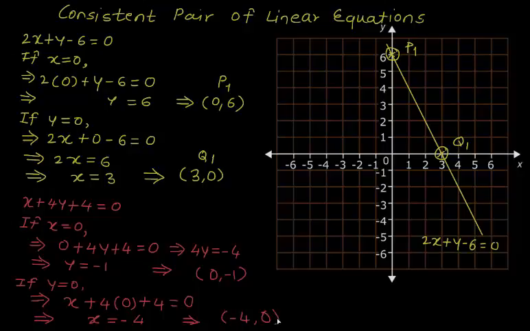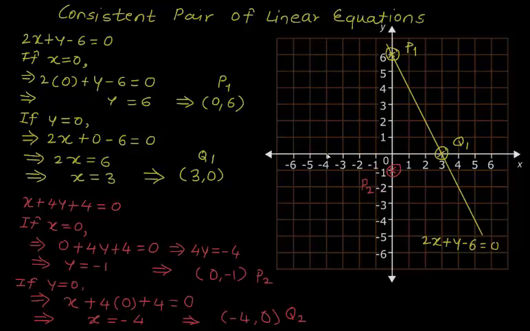Now let's plot these points on the graph as well. So this point we call P2, and this point we call Q2. So the point P2 will lie on the y-axis because its x coordinate is 0. So (0, -1) will lie at this point. So let's mark it as P2. Then the point Q2 has coordinates (-4, 0).